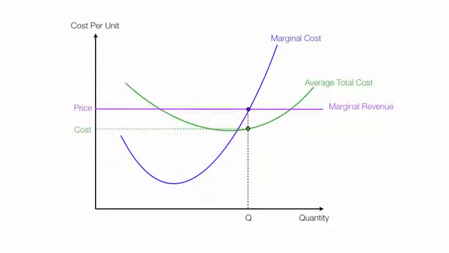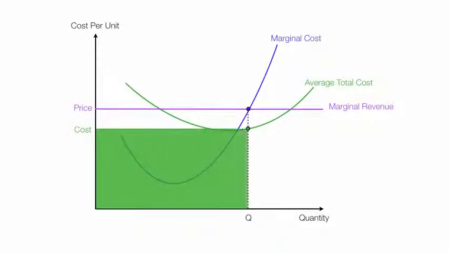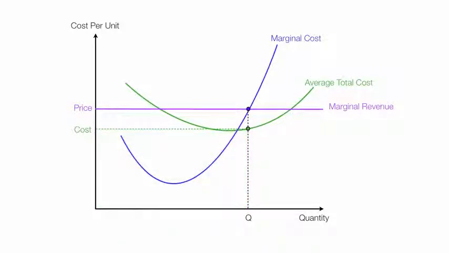I can also do the same thing for cost. Total cost is cost times quantity, or the area of the green rectangle. Total revenue minus total cost is equal to economic profit. And economic profit includes opportunity costs.